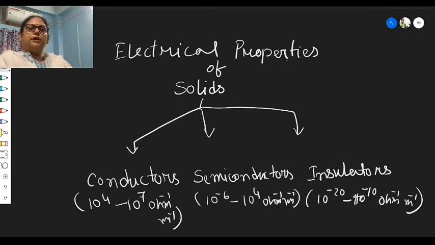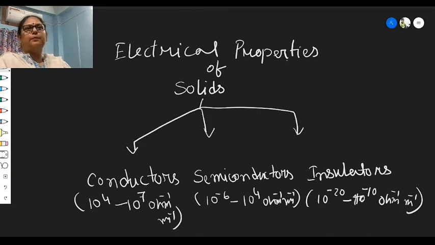So how can we explain the conductivity of different solid substances? There is one theory known as band theory. The band theory mainly depends on the molecular orbital theory of metals or solids.